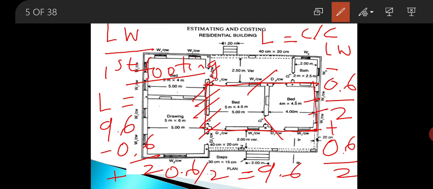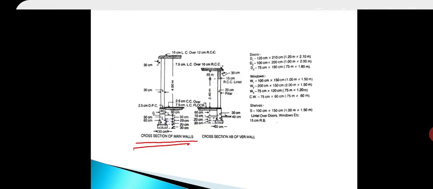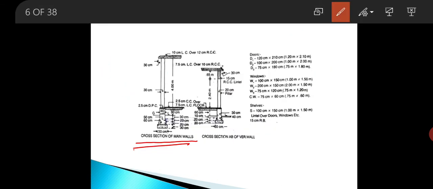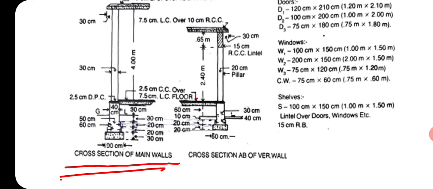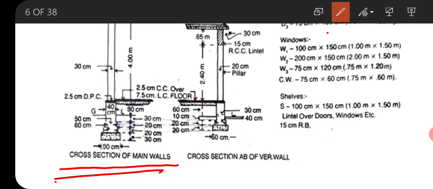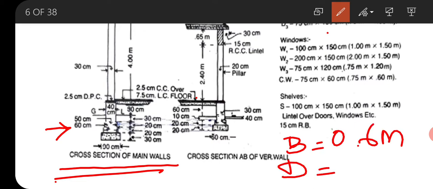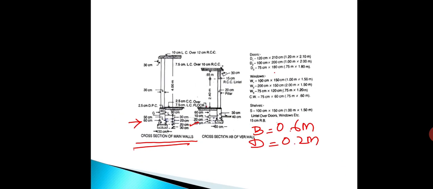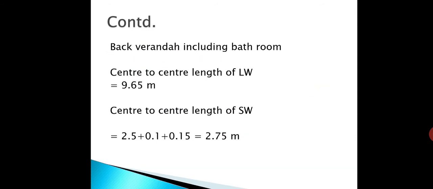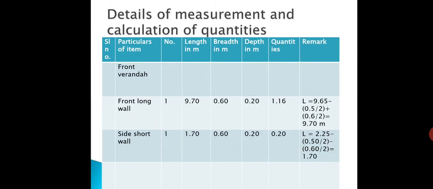So, this is the length. And the first footing is of width 60 centimeter. So, width will be 0.6 and depth of the footing is 20 centimeter, that is 0.2 meter. Clear? So, we will move to the calculation of this second part.